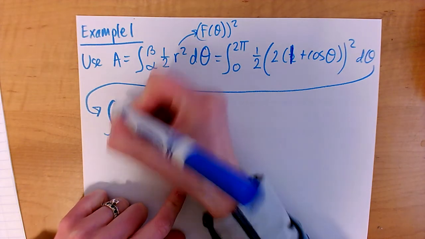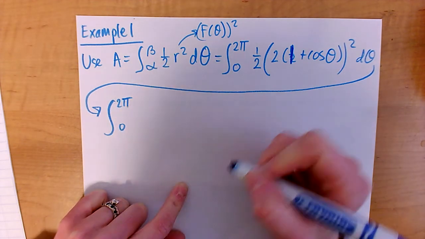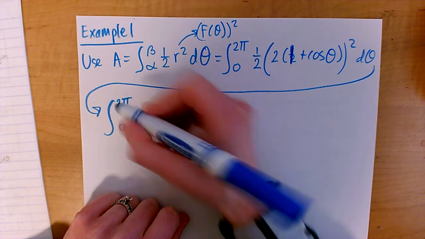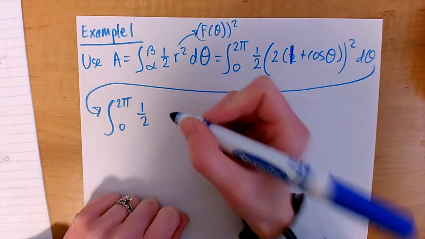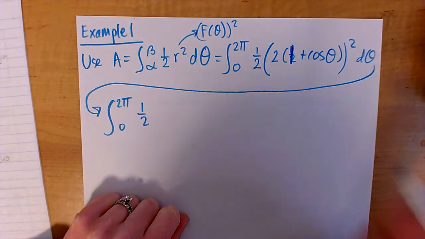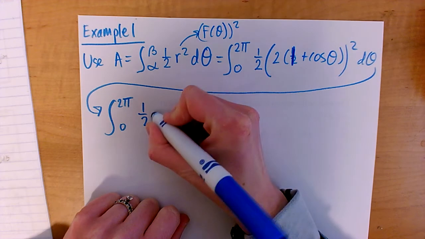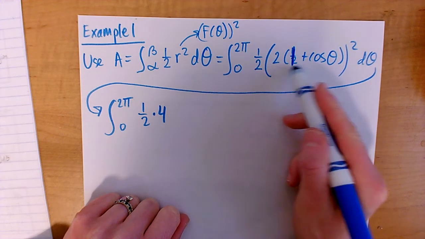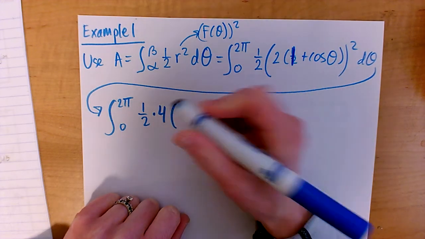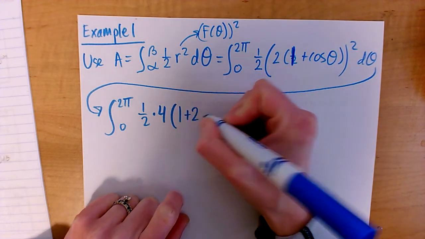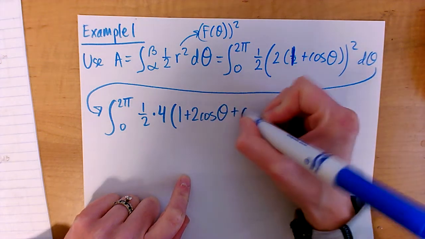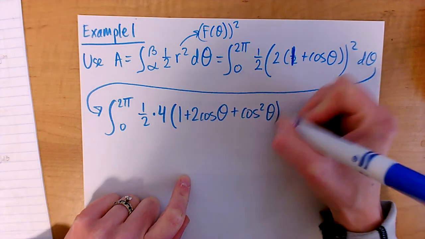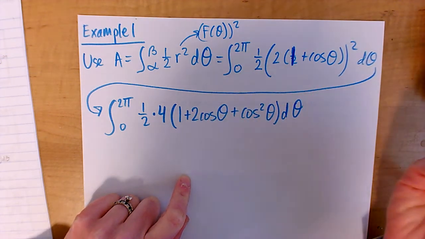So we've got the integral from 0 to 2 pi, and I've got this 1/2, and then this 2 is going to get squared, so we'll square that, that's 4, and then this stuff on the inside gets squared, so that turns into 1 plus 2 cosine theta plus cosine squared theta d theta.